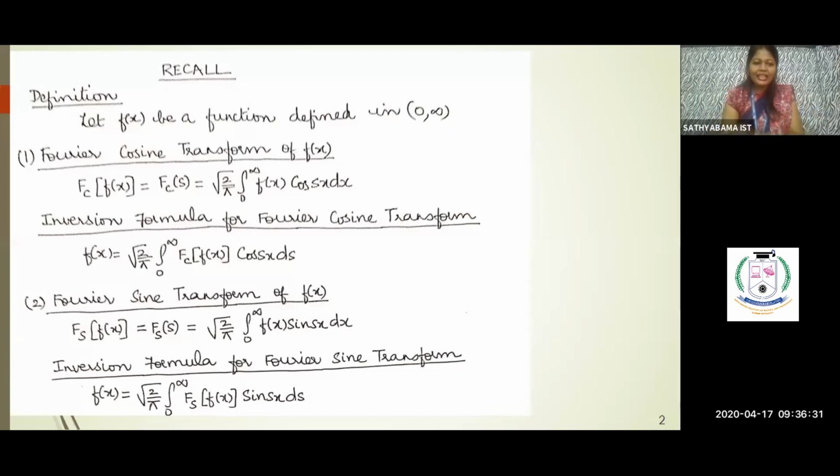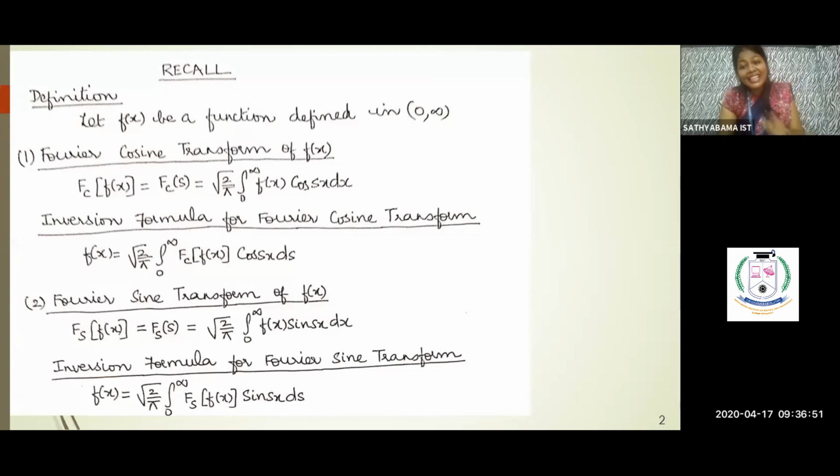Secondly, you have the definition of the Fourier sine transform of f of x. There is no big difference. This is denoted as Fs of f of x, also denoted as Fs of s. By definition, it is root of 2 by pi, integral 0 to infinity, f of x into sine sx dx, because it's a sine transform.